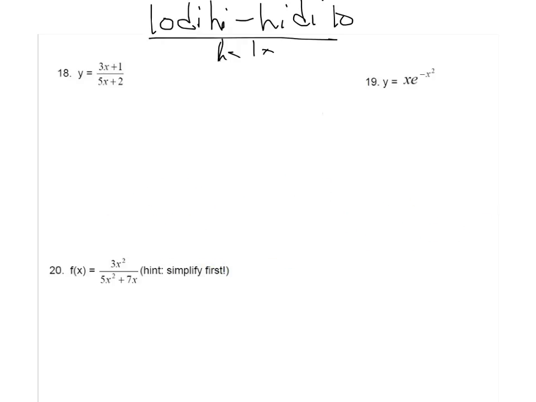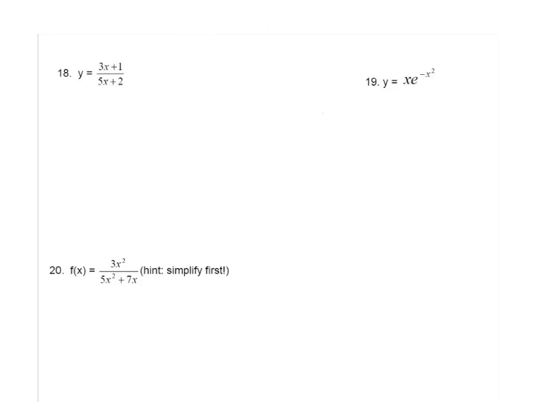Okay, so for 19, for the product rule, the first function is x, and that's multiplied by e to the negative x squared. So when I take the derivative of each piece, the derivative of x is 1, and now I need the chain rule for e to the negative x squared.